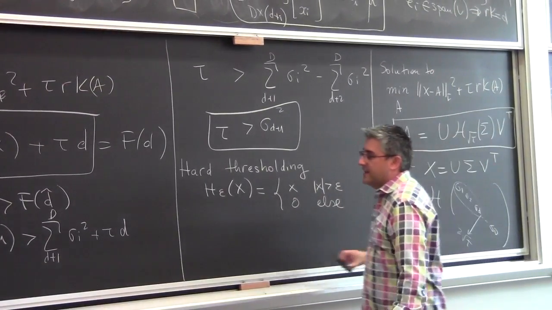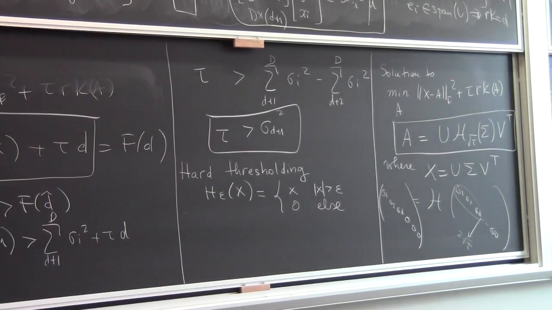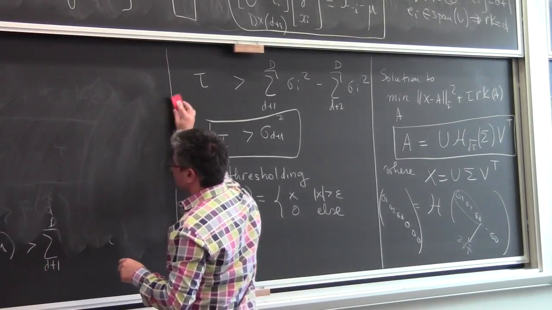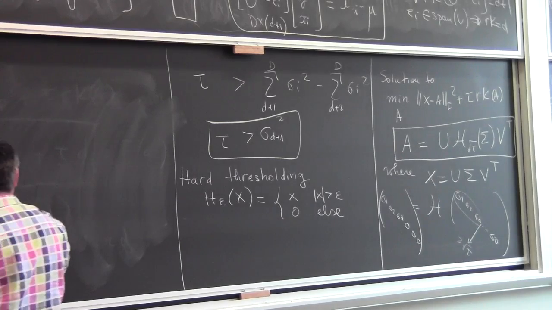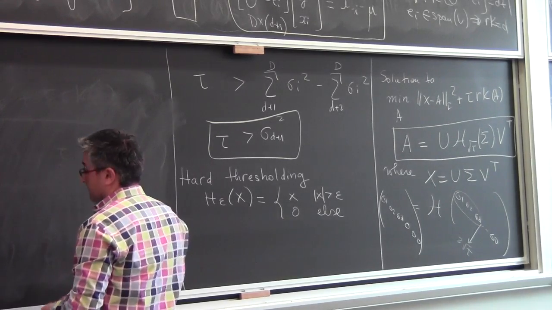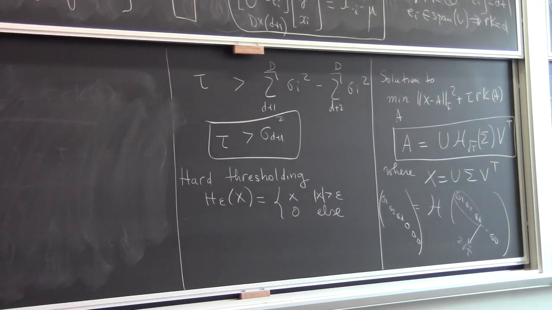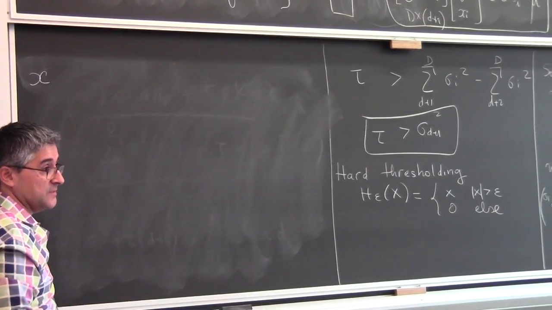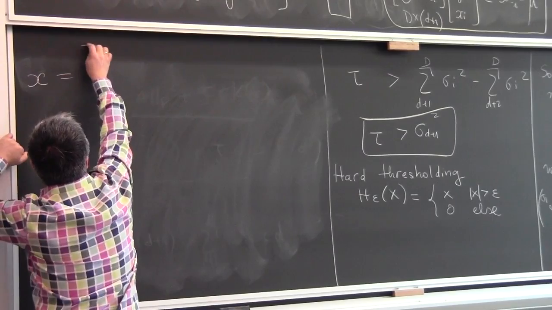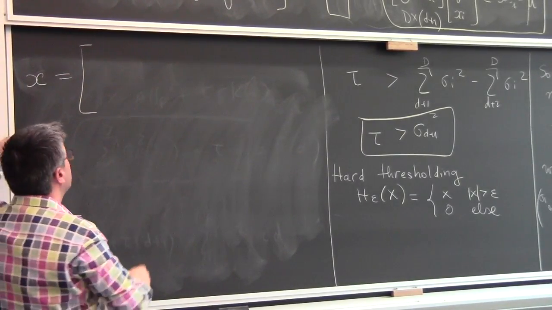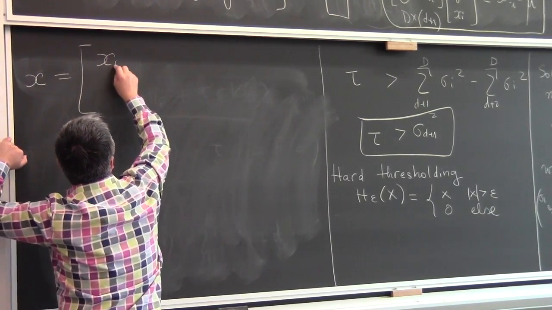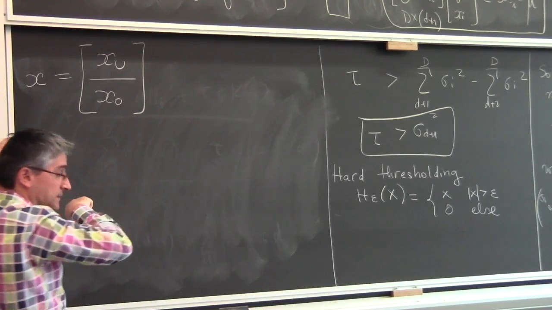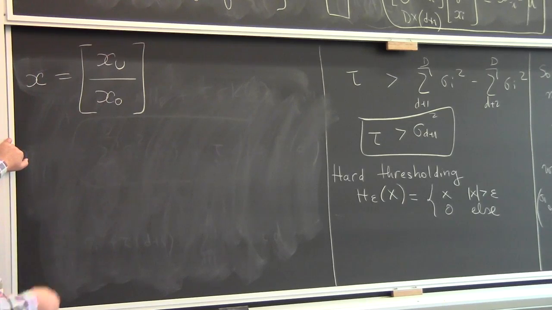More generally, let me now do it with multiple missing entries. So suppose now that I have the vector x, and now there are many entries that are missing. Okay? Without loss of generality, I'm going to assume that all of the unknown entries are at the very top, and all of the observed entries are at the bottom. Right? I'm just going to reshuffle the entries so that this is the case.